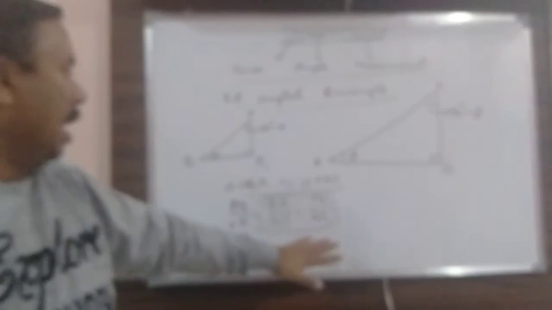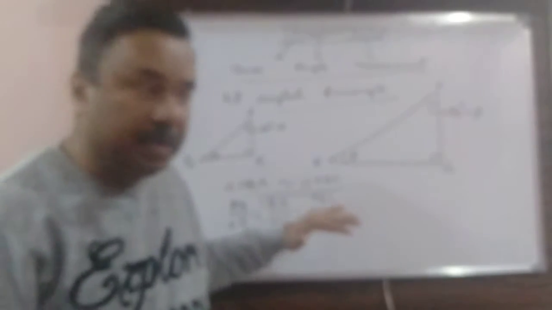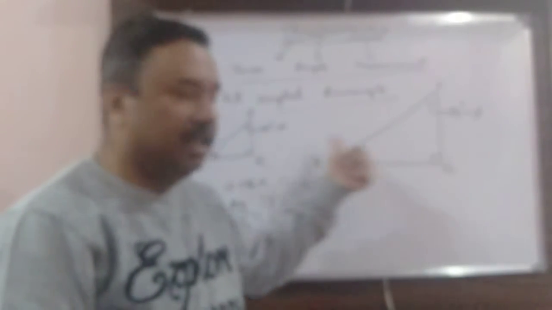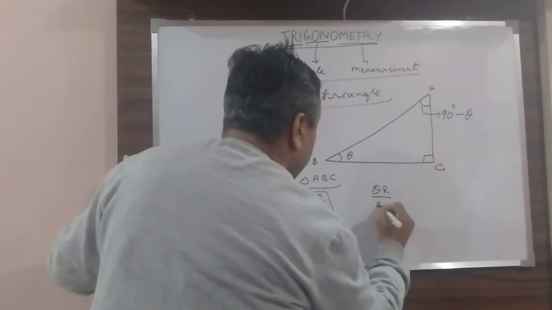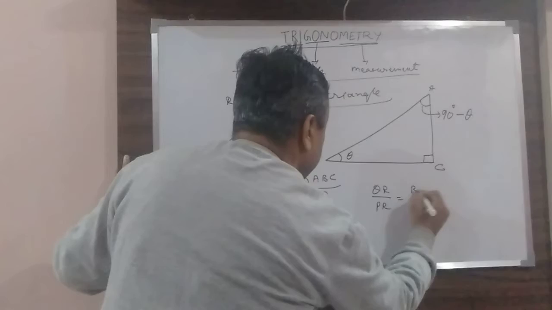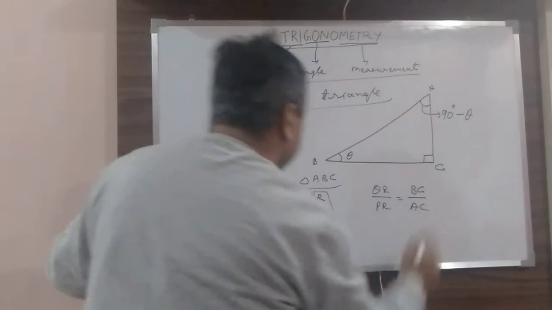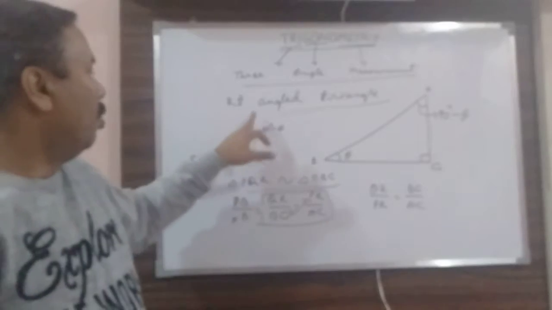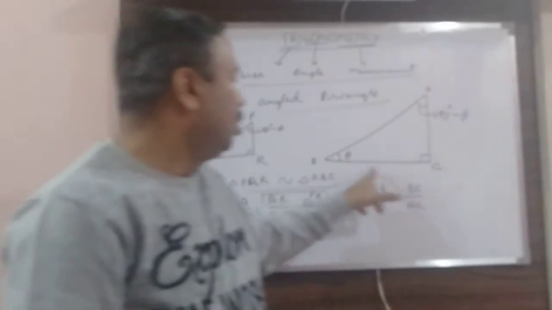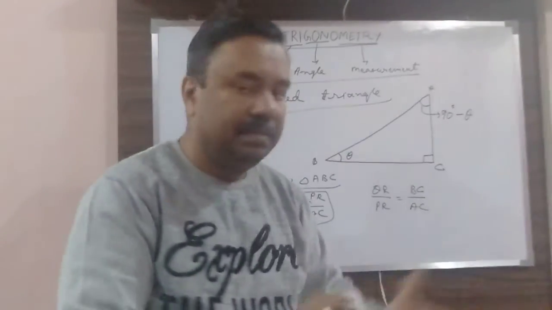This is on the basis of similarity of triangles, because by the AAA similarity rule, both these triangles are similar. So if I interchange these positions, what I get is that QR over PR is equal to BC over AC. See, QR over PR is equal to BC over AC.